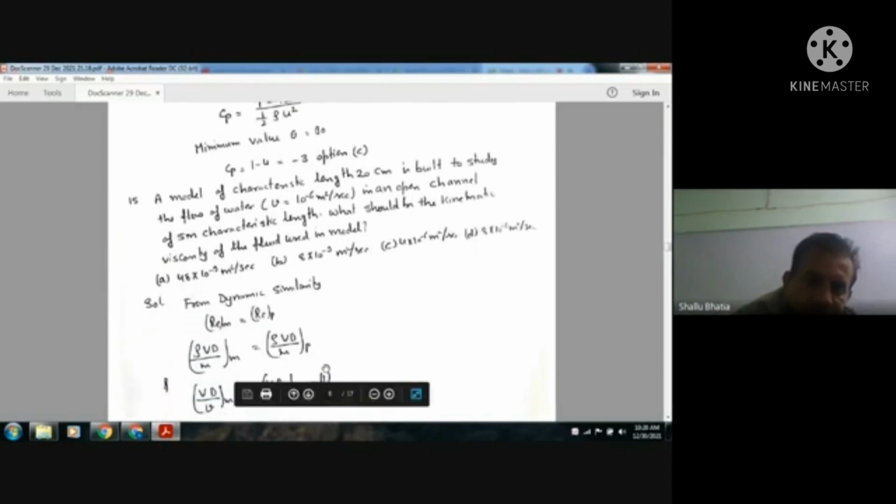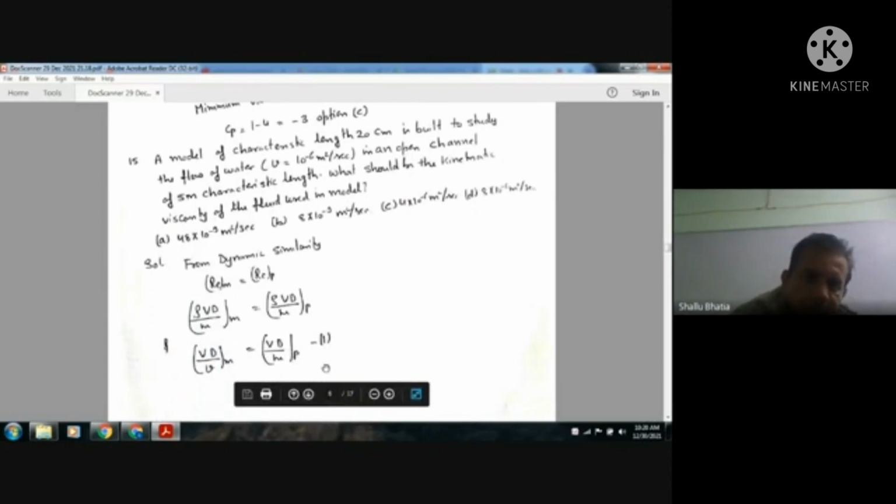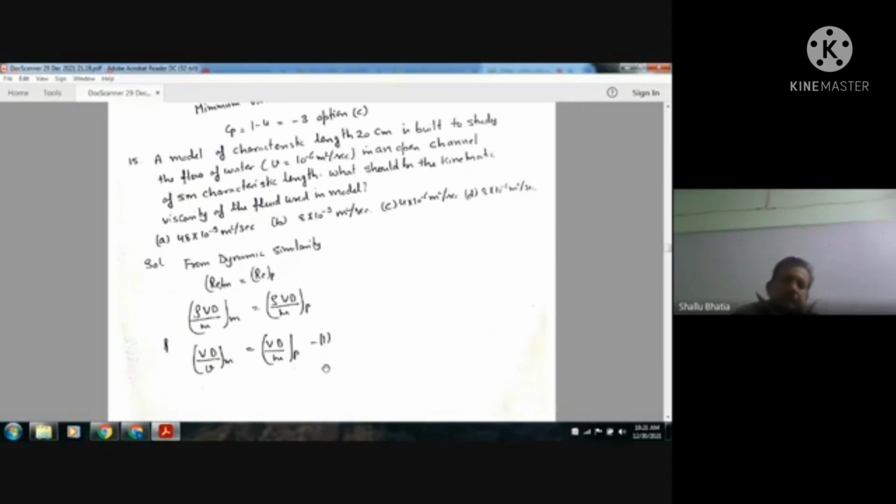Next, a model of characteristic length 20 centimeter is built to study the flow of water, with kinematic viscosity 10 power minus 6 meter square per second, in an open channel of 5 meter characteristic length.